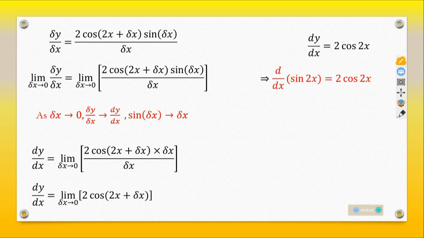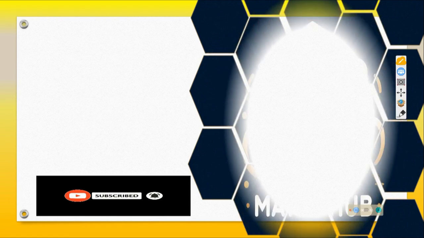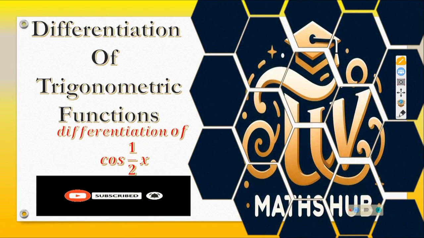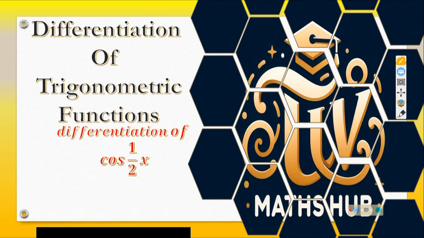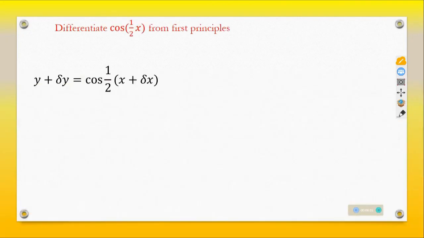We shall now come to the differentiation of cos of a half of x. Looking at the differentiation of cos of a half of x, we shall follow the same procedures as we have done for sine 2x.